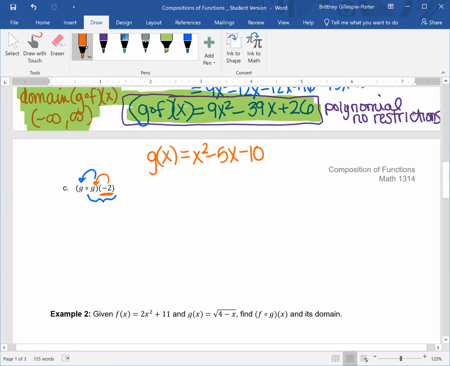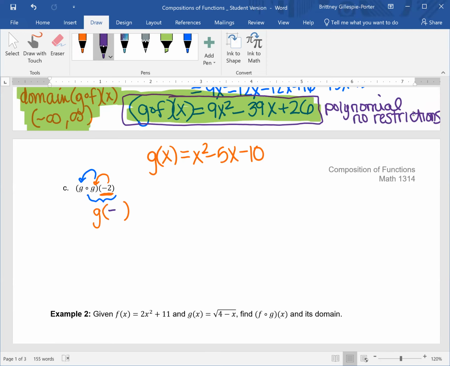Here they are asking us to find g of -2. Okay. So we can find g of -2. We've done this multiple times before. Instead of x squared, we're going to have -2 squared. Minus 5, instead of times x, we'll have times -2. Minus 10. We need to work out the arithmetic.